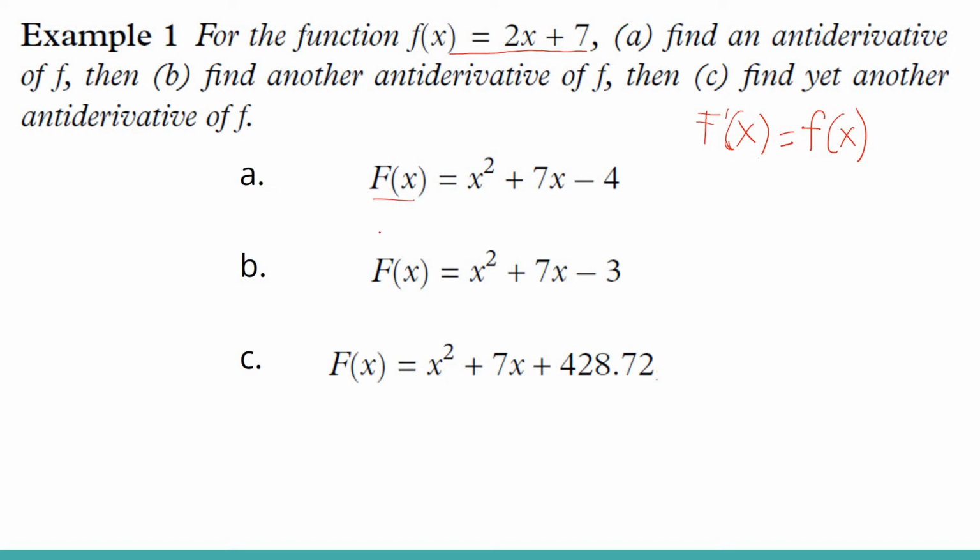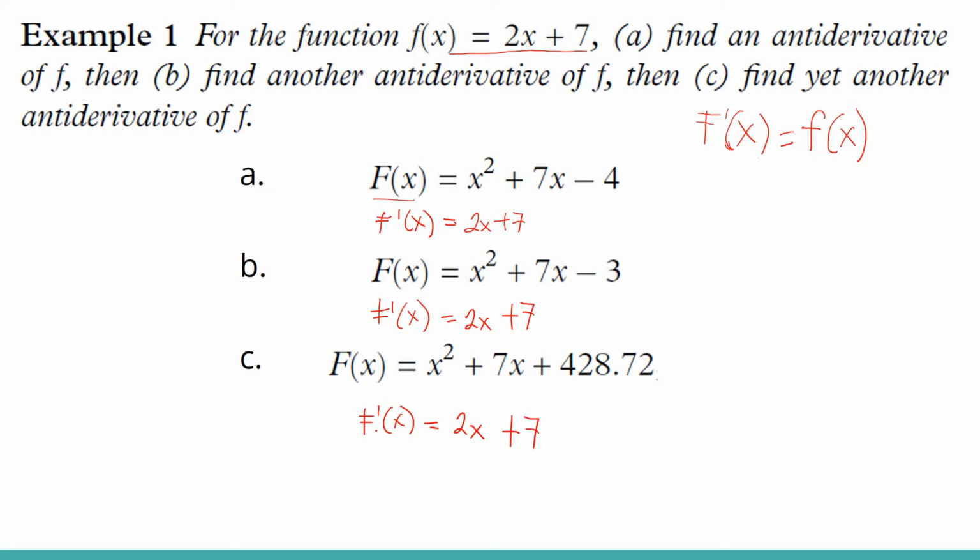For example, we will look for the derivative of this. F prime of x for letter A equals 2x plus 7. Same here for letter B, its derivative is 2x plus 7. And for letter C, its derivative is 2x plus 7.